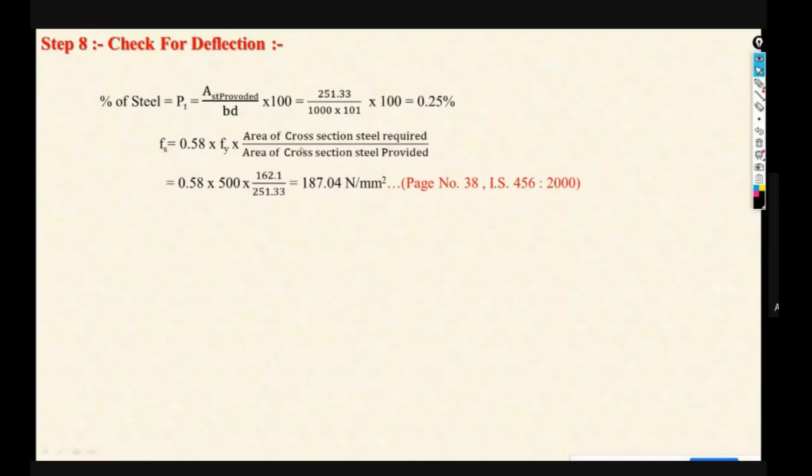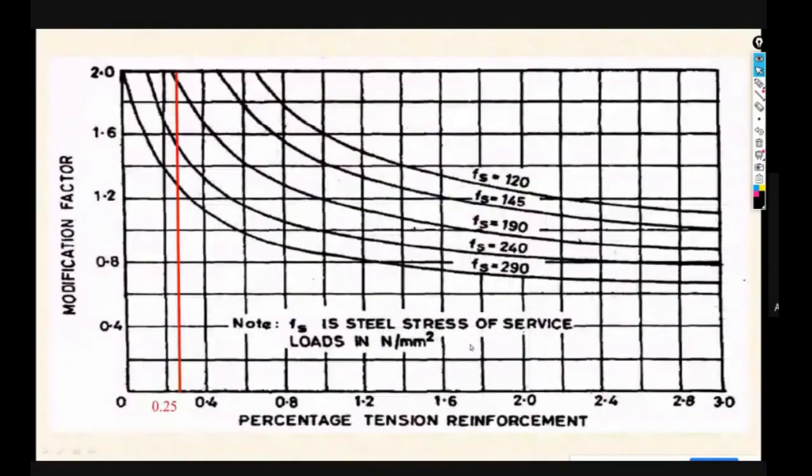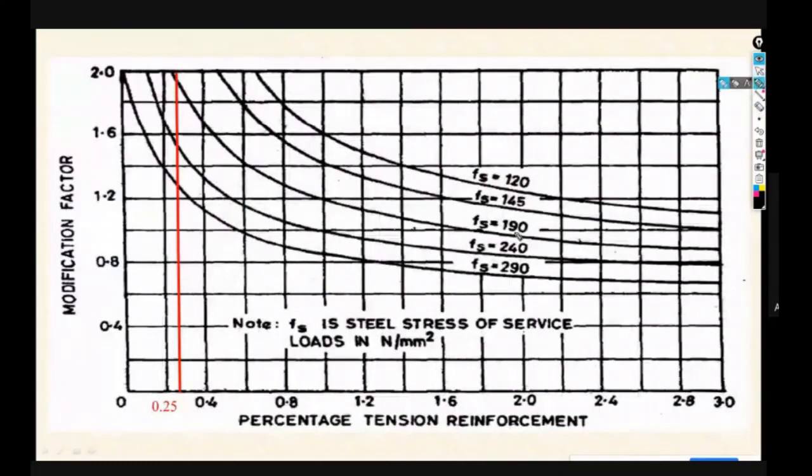Calculate FS because we have the required and provided AST. So 162.1 divided by 251.33, so now FS is 187.04. Okay, so use this graph, which is given on page number 38. If you see over here, our FS value is 187, so that 187 is in between this 190 and 140.